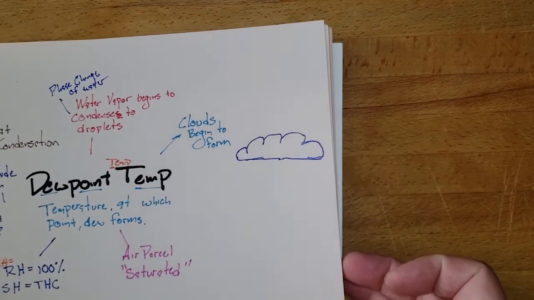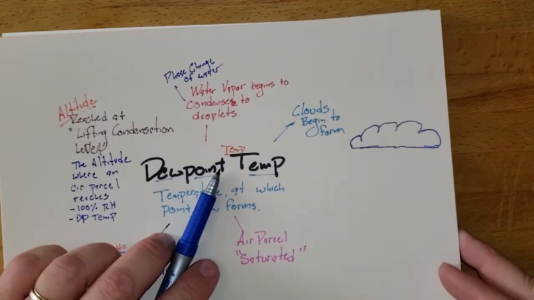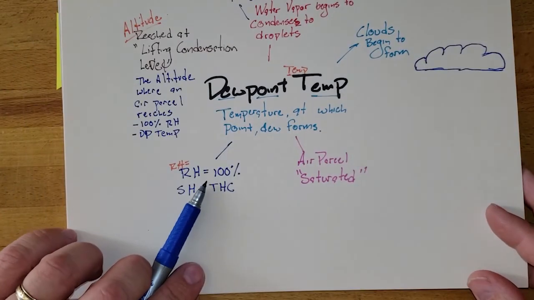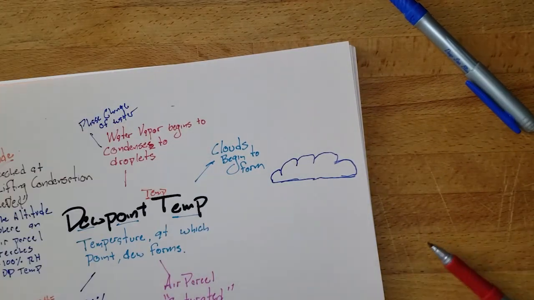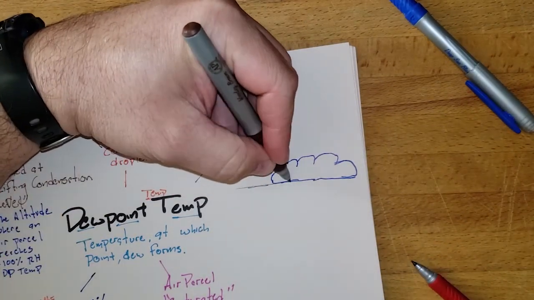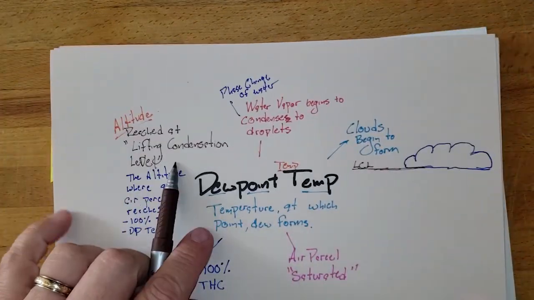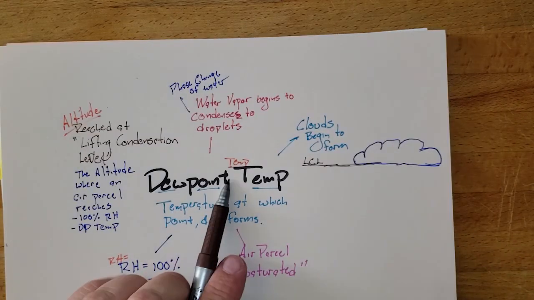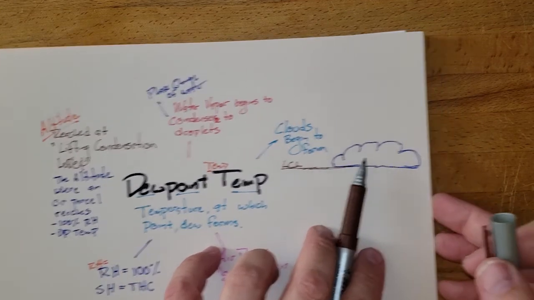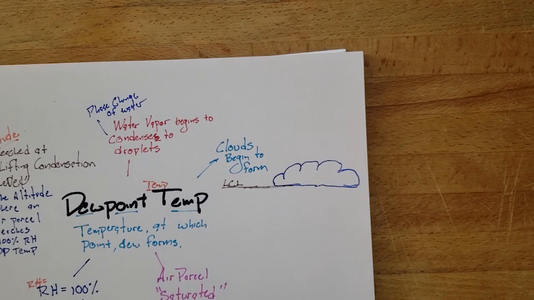It's gotten cold enough that the temperature is now the dew point temperature, and it's reached a relative humidity of 100%. The altitude where that has happened is my LCL, or lifting condensation level. So we have my altitude, my temperature equal to the dew point temperature, relative humidity equal to 100%, and now clouds begin to form. Droplets begin to form up there, and that's referred to as a cloud.